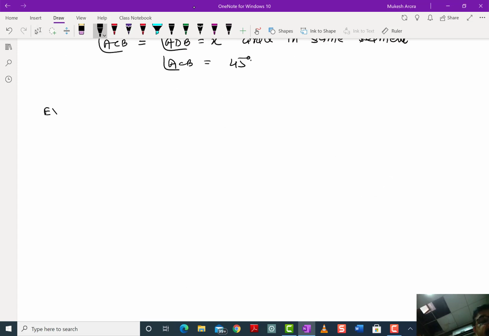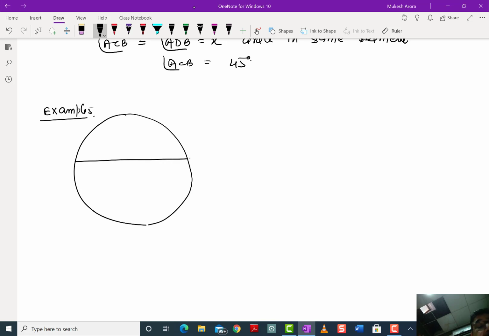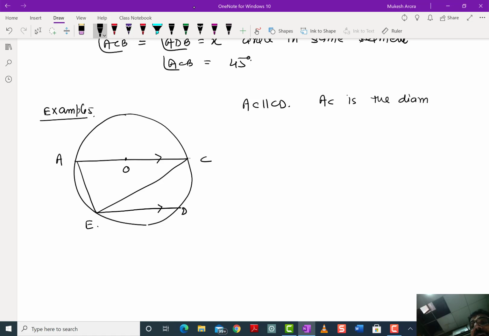Example 5. Example 5 is, in a given figure, AC is the diameter, O is the center. This point is E and ED is parallel to AC, and AC is the diameter.